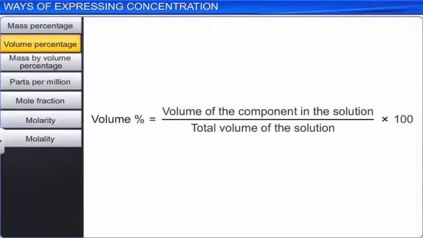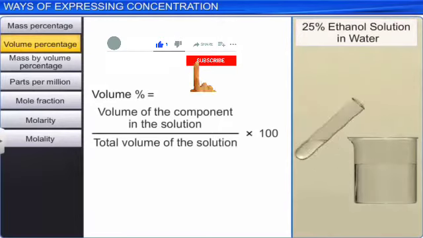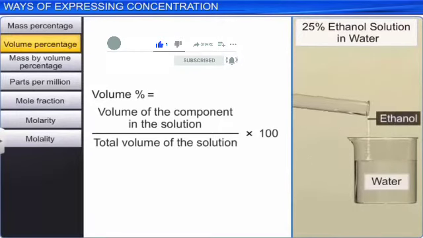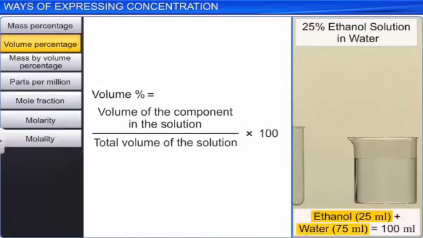The concentration of solutions, where both the solute and the solvent are liquids, is commonly expressed using this method. For example, 25% of ethanol solution in water means 25 milliliters of ethanol is dissolved in 75 milliliters of water, such that the total volume of the solution is 100 ml.